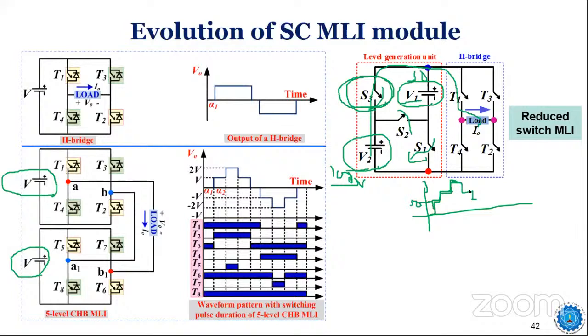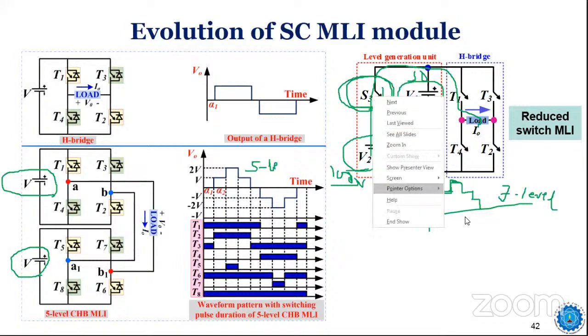So obviously in the negative also I'll get 3 steps. So my output, instead of producing a 5 level output like the last time, I am getting a 7 level output. Yes or no? I'm getting a 7 level output, and that is only because of asymmetrical sources. But that is again not the focus. You can neglect these things now.